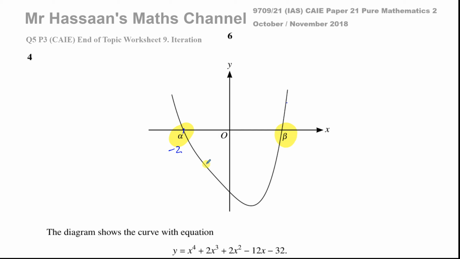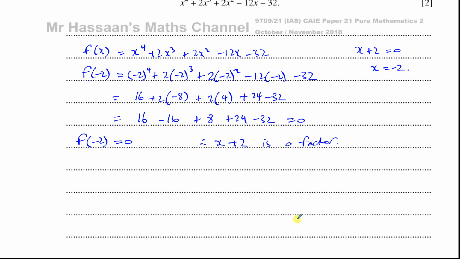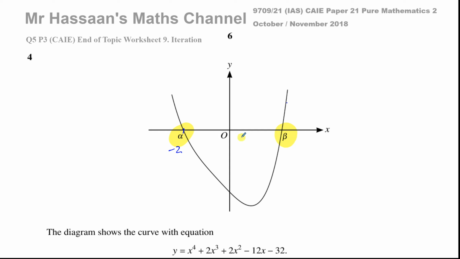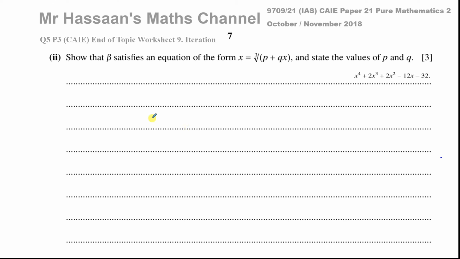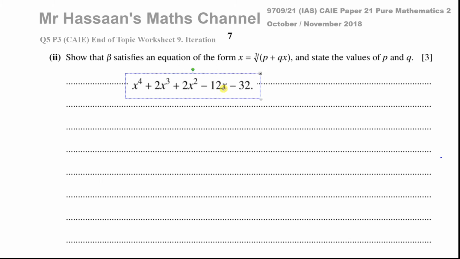When x plus 2 is a factor, that means when you put this equal to 0, x equals negative 2 is going to be one of the roots of this equation. We're now told that beta, which is the other root, satisfies an equation of the form x equals the cube root of p plus qx, and to state the values of p and q. So here we have the equation that we were given. We call this f of x.